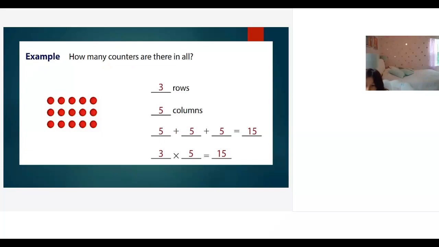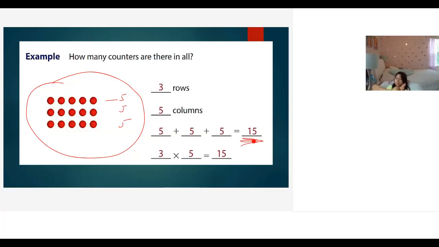So when I add all the counters, it will add up to 5 here, 5 there, 15. But this is a very lengthy method, so I should multiply. So what should I do? I find the number of rows and number of columns. Multiply them, you will get 15. Okay?